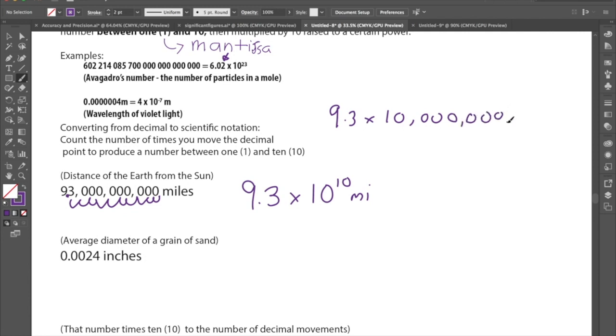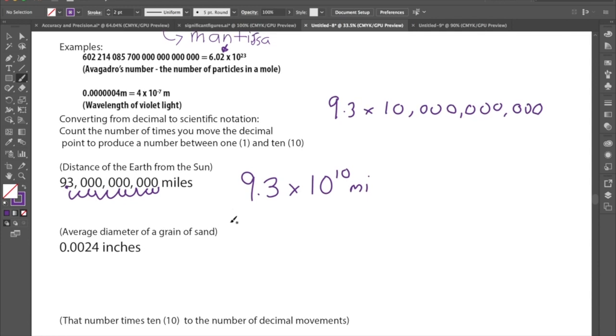So we know that this is really 9.3 times 10 billion, which is 93 billion. So scientific notation, 9.3 times 10 to the 10 miles, is a lot easier and less cumbersome to write than all of this.